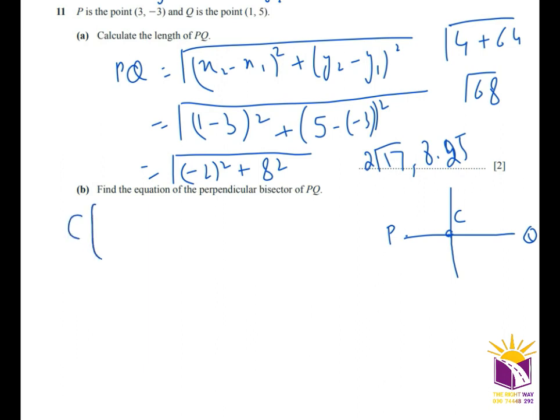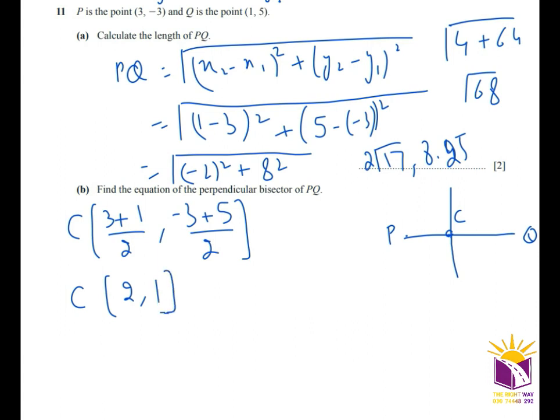The center point is (x1 plus x2) divided by 2 and (y1 plus y2) divided by 2. So 3 plus 1 is 4, 4 divided by 2 is 2, and minus 3 plus 5 is 2, 2 divided by 2 is 1. So the center point is (2, 1).